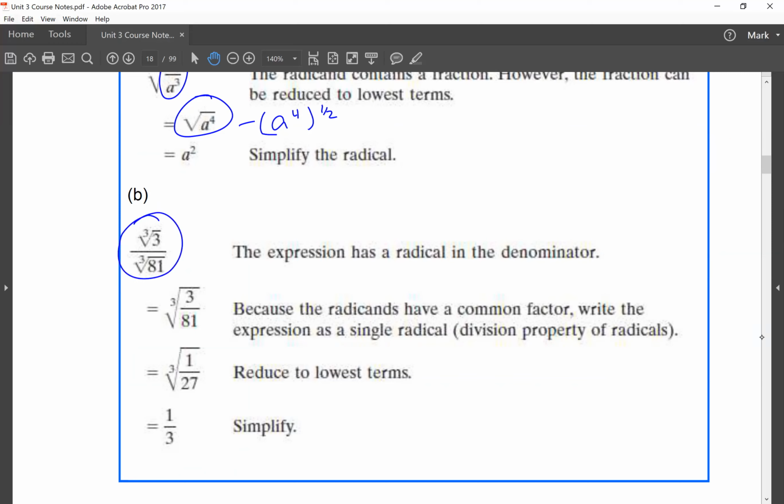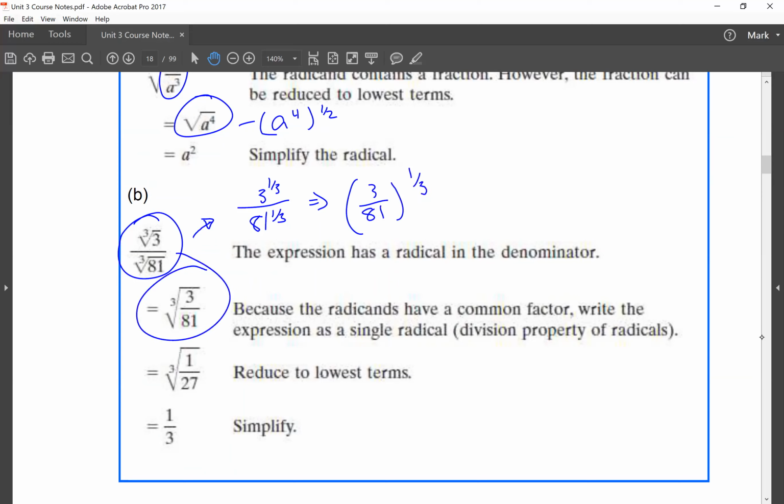Well, the 3 and the 81 are obviously not related, so I can't subtract any exponents or anything like that. But what I'm actually doing here is I'm taking 3 to the 1/3 and 81 to the 1/3. So because I'm doing the same thing to both numbers, I can actually group them together.